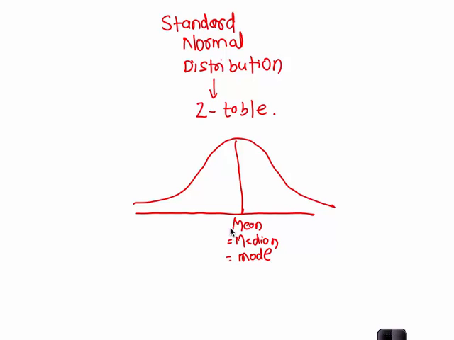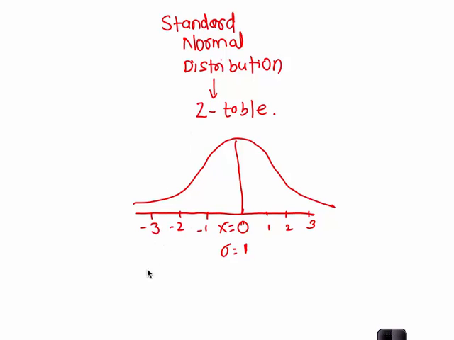And generally in case of standard normal distribution, the mean is defined as 0. So mean is 0 and the standard deviation of this distribution is 1. Right? So on the right we will have plus 1, plus 2, plus 3. On the left minus 1, minus 2, minus 3.